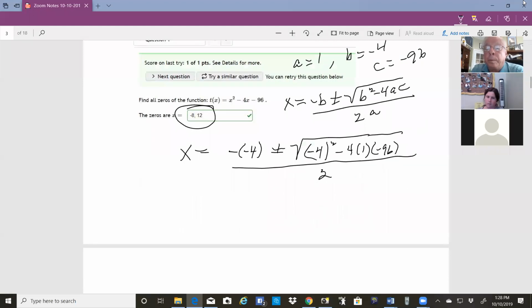So x equals 4 plus or minus the square root. This is minus 4 squared, which is 16.